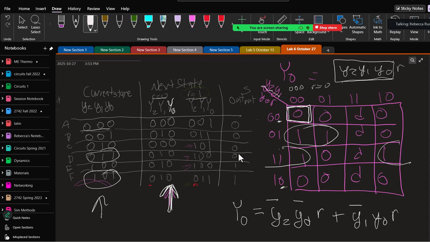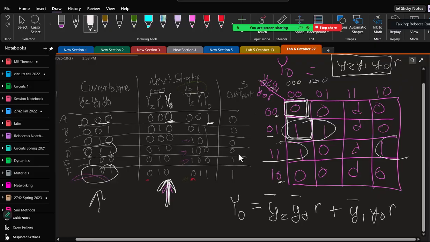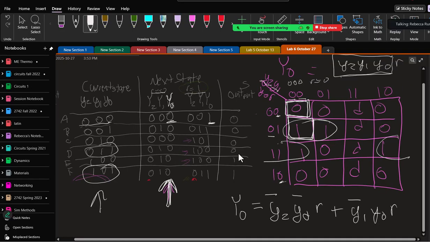So that's A with r equal to 0, and that's 0. When I'm looking to see what goes in this box, y2, y1, y0 is 0, 0, 0, that's still A, but r is 1, that's this number right here.